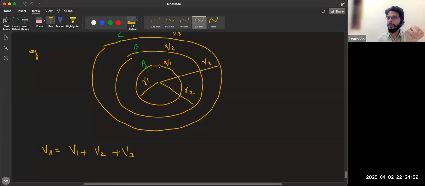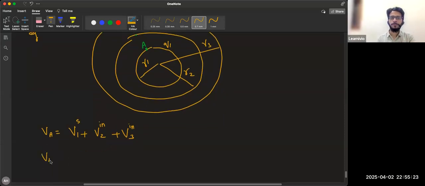For the first sphere, the point is at the surface, right? For the second sphere, point A is inside. For the third sphere, point A is also inside. We'll look at the point with respect to the sphere, not the sphere with respect to the point. So with respect to sphere 1, point A is on the surface. With respect to sphere 2, the point is inside. With respect to sphere 3, the point is also inside. Is it clear? Yes, sir.